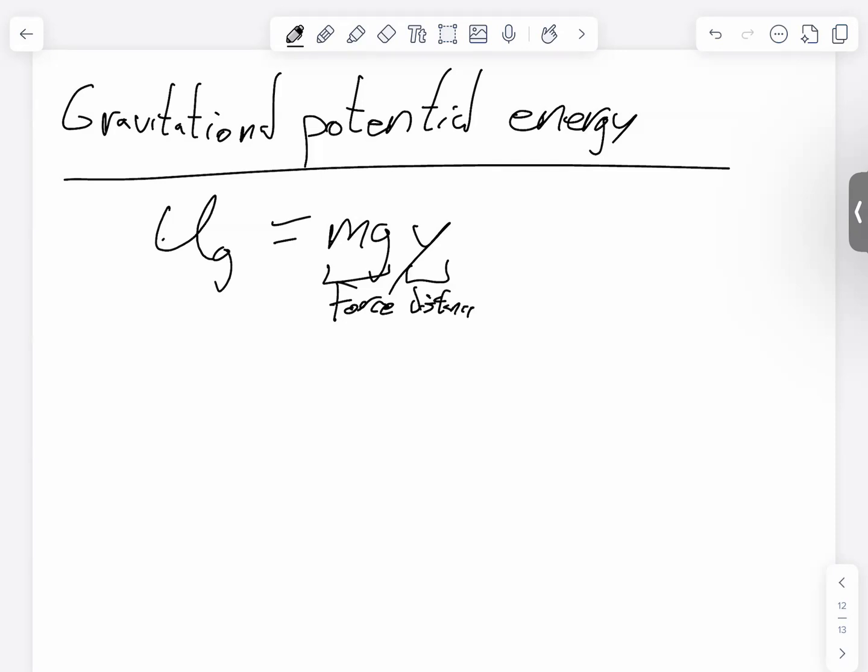Actually, all potential energies are intimately related to the work of a force. Every potential energy has an associated force, and sometimes it's useful to consider that force as an external work, and other times it's useful to consider that force as part of your system and call it a stored potential energy. I will give you an example of this in 20 minutes.